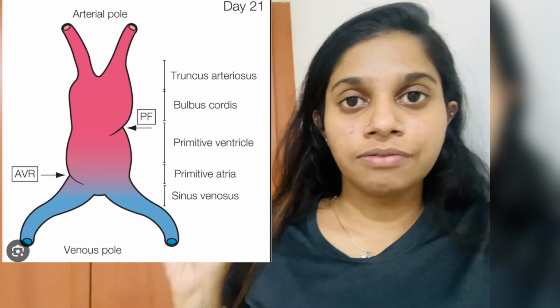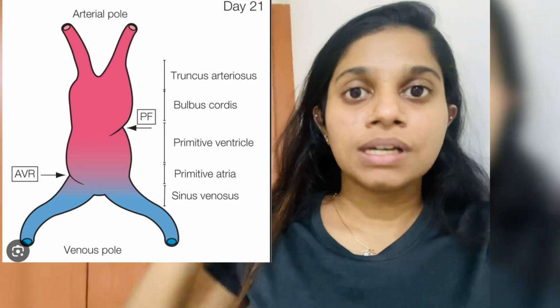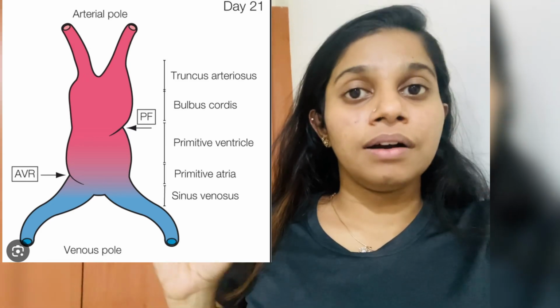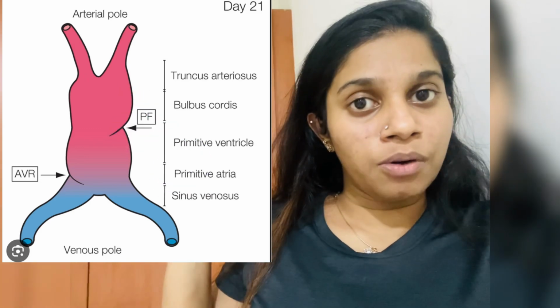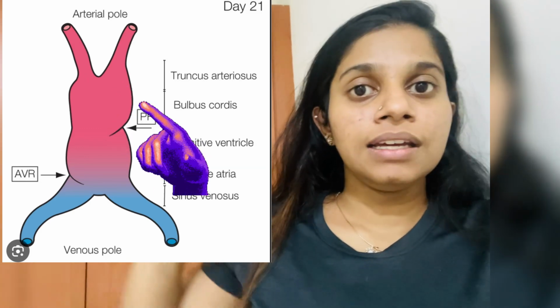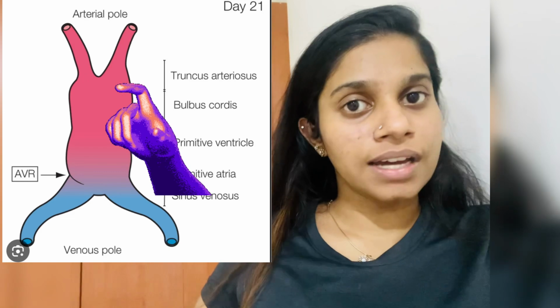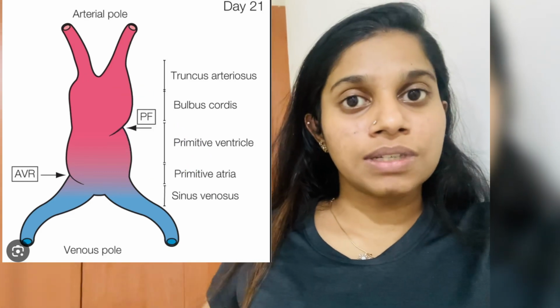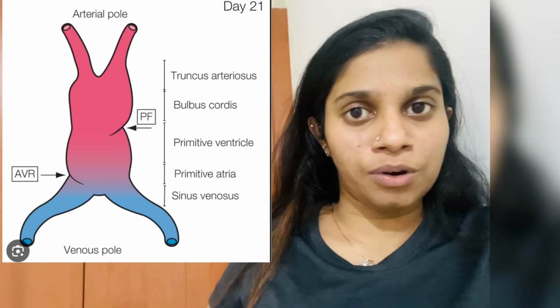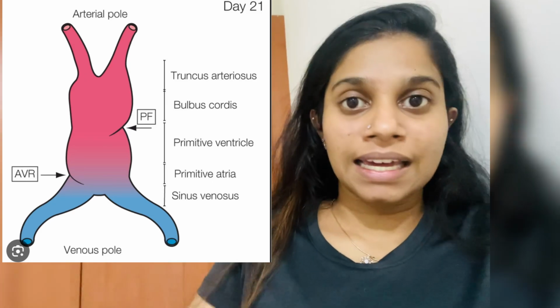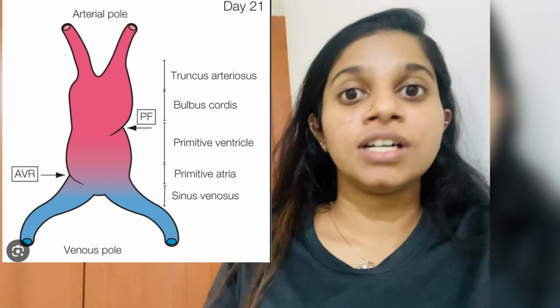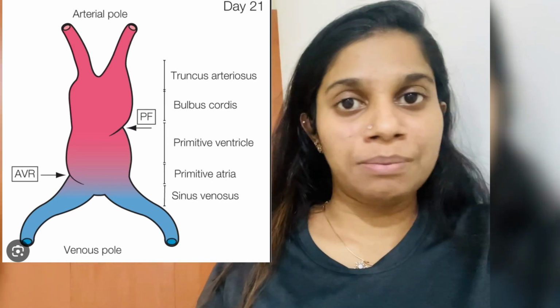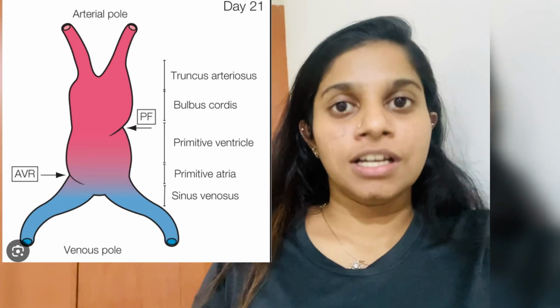Then from the ventricle, it goes to the bulboventricular loop, and from the bulboventricular loop, it goes through the truncus arteriosus. Truncus arteriosus will be the arterial portion, the future aorta and pulmonary arteries in a fetus. So this is a tube.